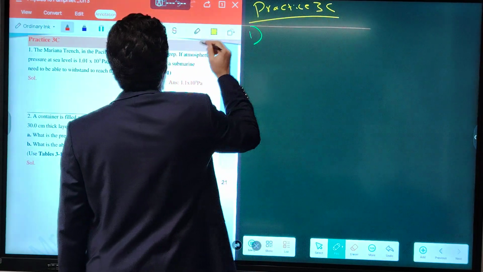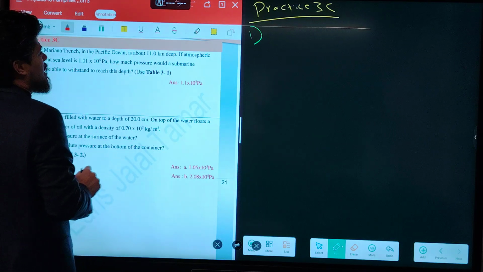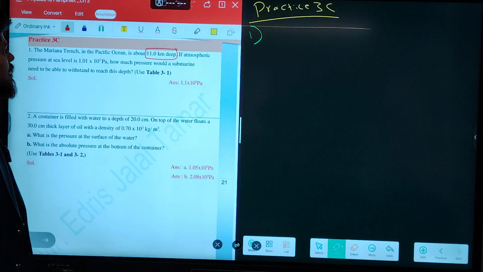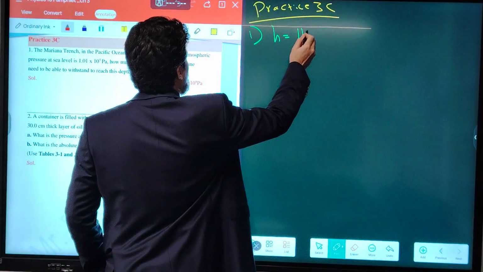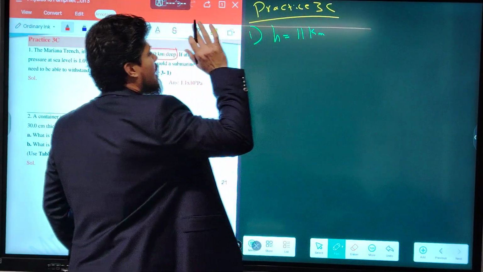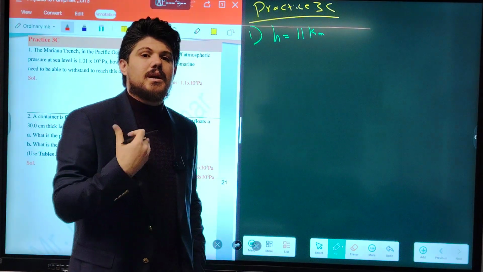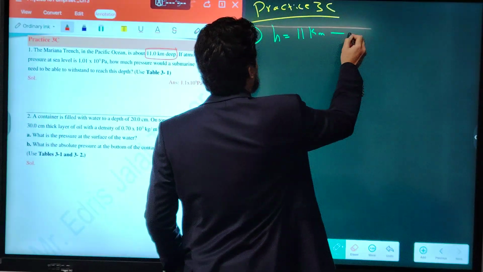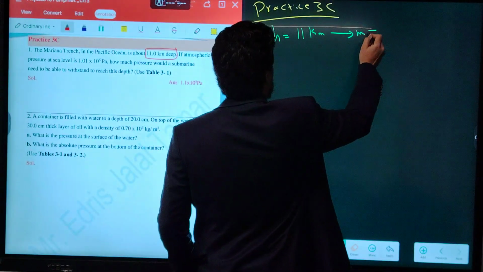Question 1. The marine range in the Pacific Ocean is about 11 kilometers deep. Guys, listen carefully. The depth is given, height. Height is equal to 11 kilometers. Guys, not allowed solving question with kilometer. You have to convert. The SI unit of height is meter, not kilometer. So that is why you have to directly convert this 11 kilometer to meter.